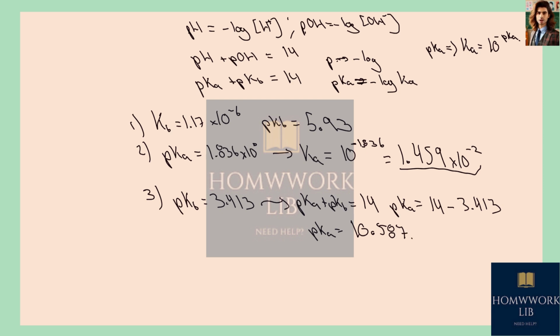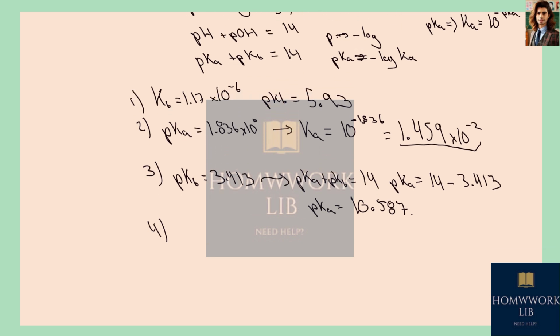Okay, next question. 4. A certain acid has a pKa of, I'm going to ditch the scientific notation just to avoid confusion, but you can add it directly. The pKa is 9.586. What is the acid's Ka?